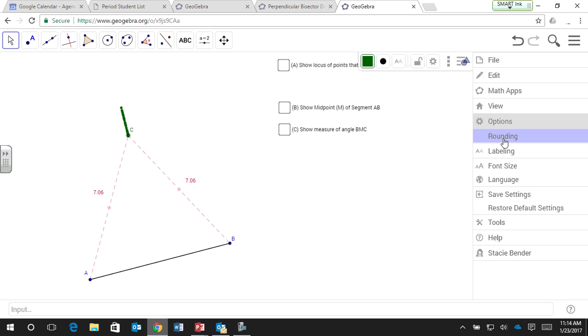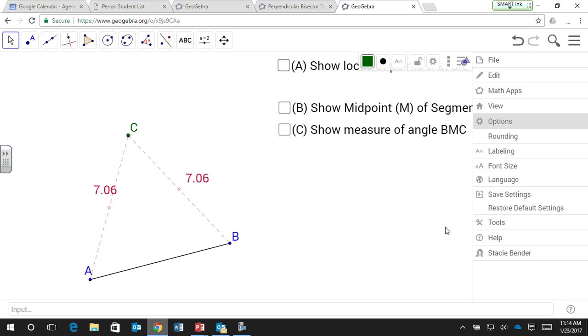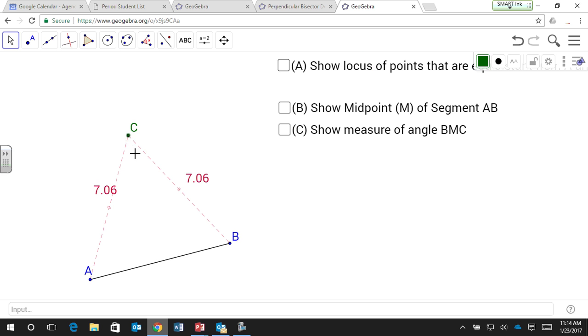Options, font, size. All right, everybody see that better? Okay, we have 7.06 and 7.06. As I move point C, 3.91, right? 3.68. 3.5 on both sides. 3.47, and so on.